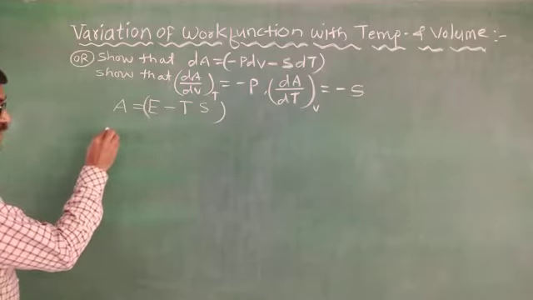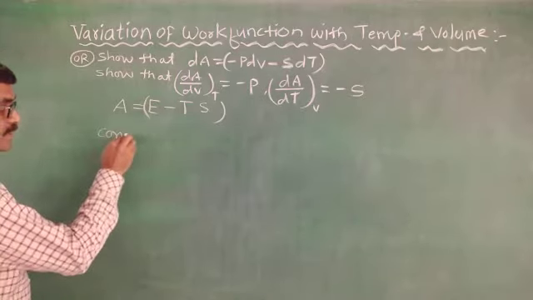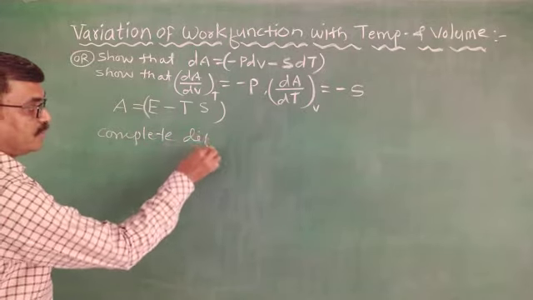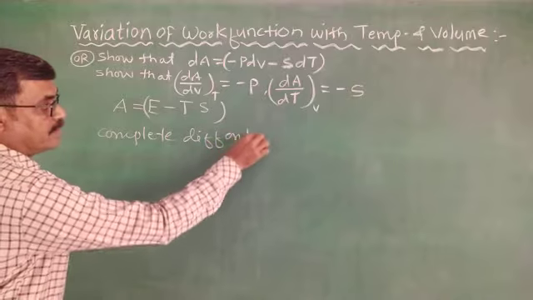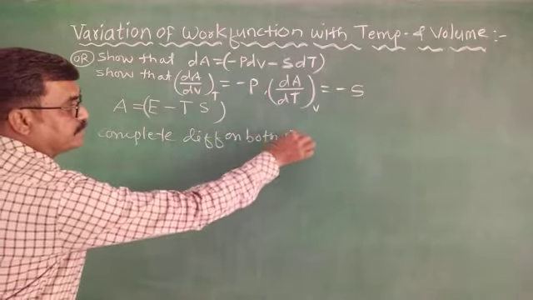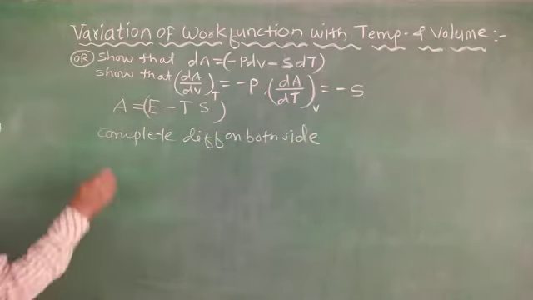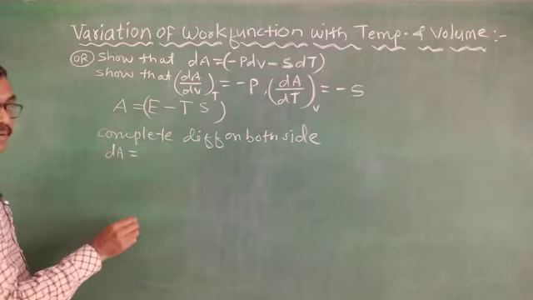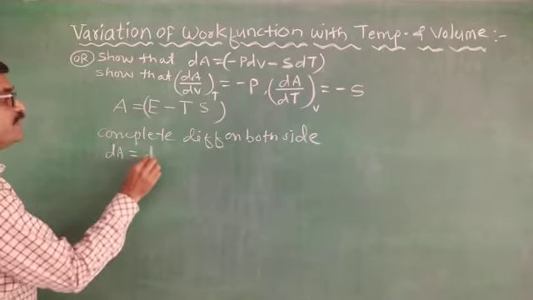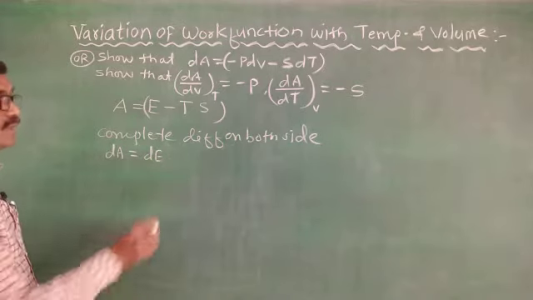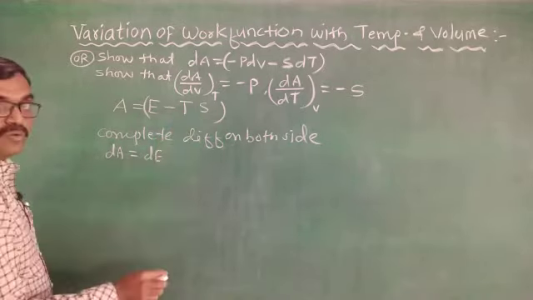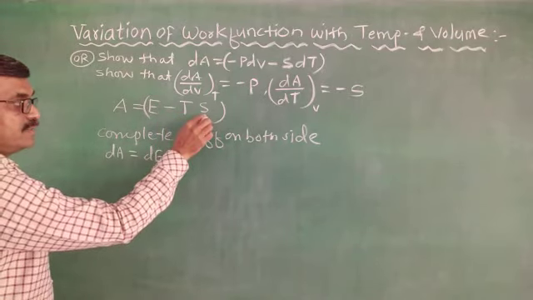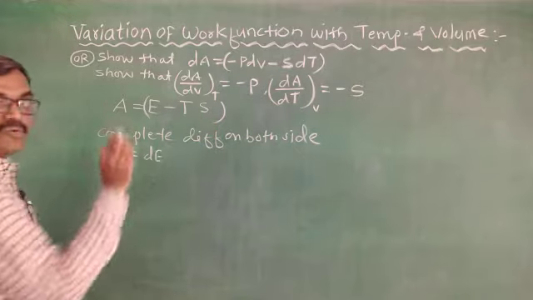Now differentiate on both sides. Differentiation of A becomes dA, differentiation of E is dE. Now here use the U into V rule: first function times derivative of the second plus second function times derivative of the first.